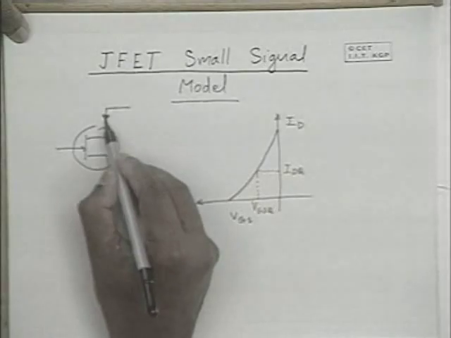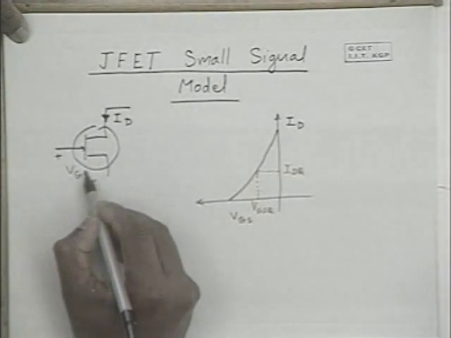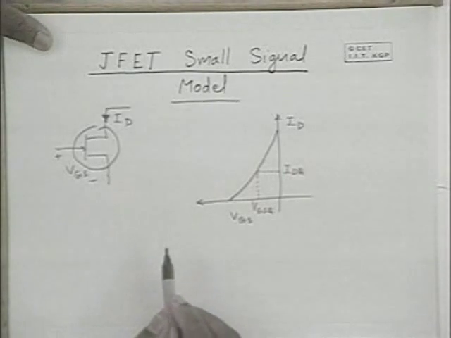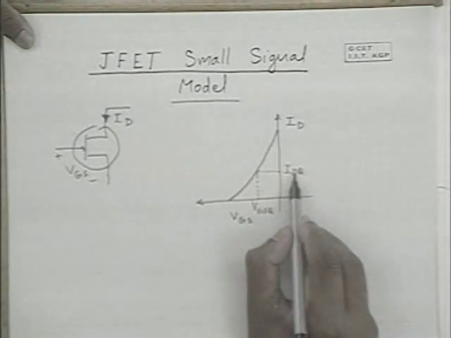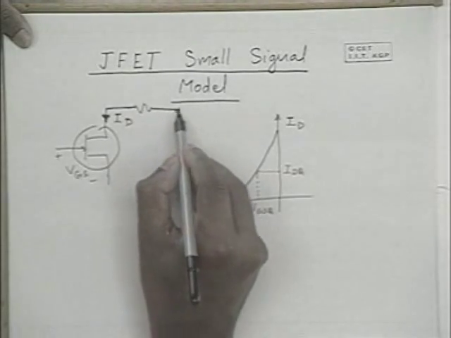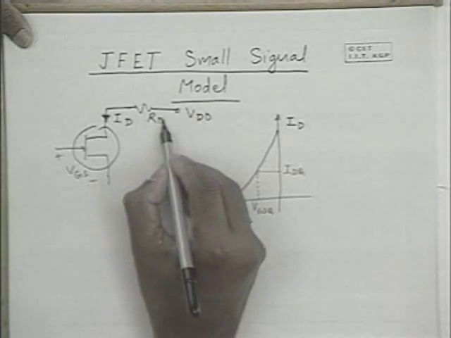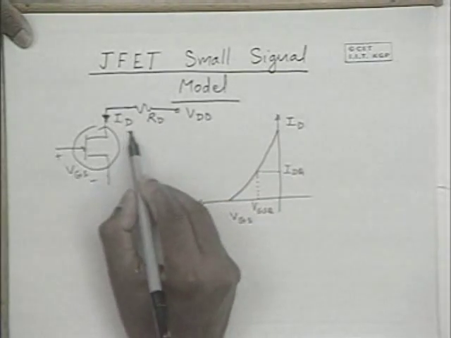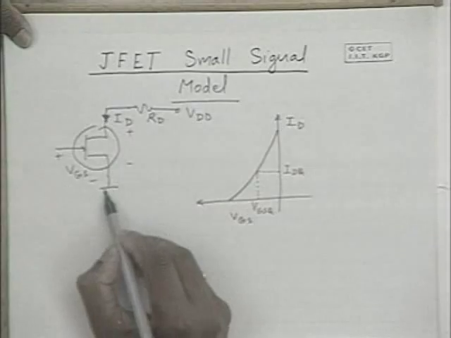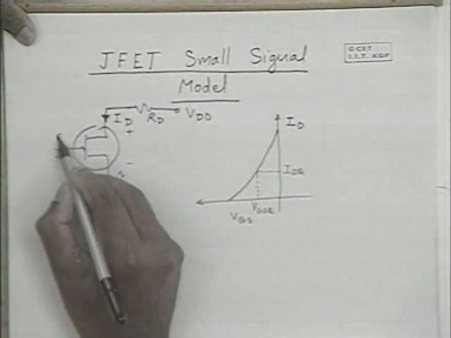So this ID is a function of this VGS. And depending on this ID Q, you have that current flowing in the circuit. And if there is an external resistance RD, that is responsible for providing some VDS, drain to source voltage.